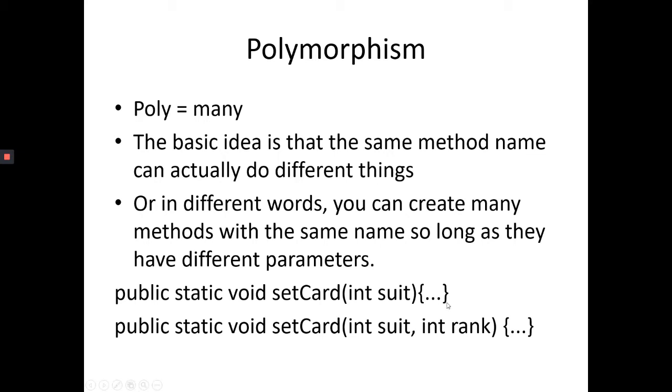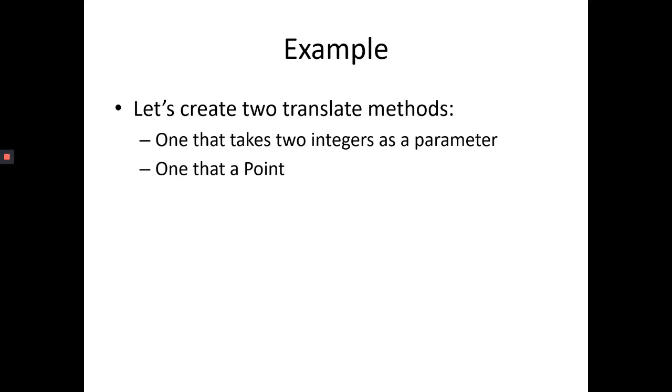And now you have a very complicated term to describe something you've been using for a very long time. So lock it away into memory. Again, if you want to go back, you can look at your class, and you can try to create two translate methods. One that will translate just a point, and one that might take two integers.